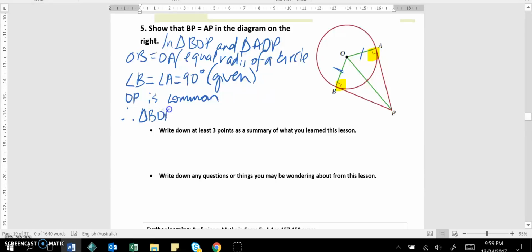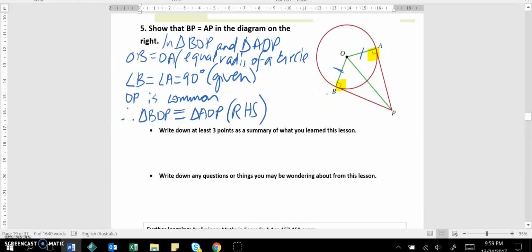And therefore, you've shown three things. So triangle BOP is congruent to triangle AOP. And the test I used would be RHS, because the right angle, the hypotenuse, and the side are equal.